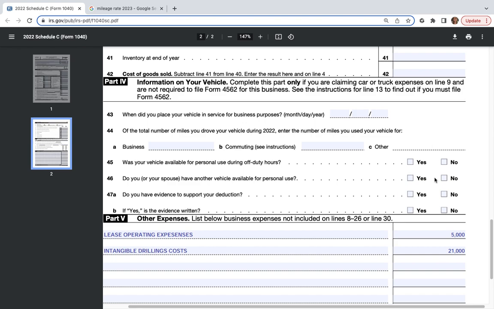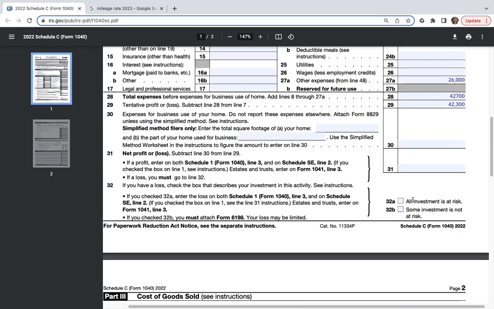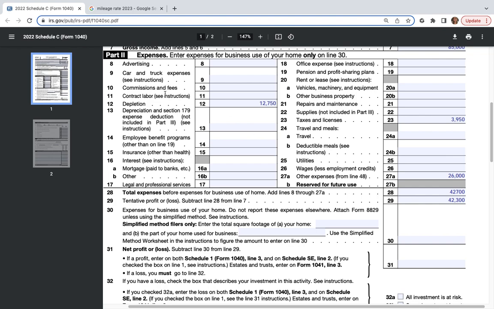And then it'll ask you if your vehicle was available during off-duty hours. Did you or your spouse have another vehicle? And then if you have evidence to support your deduction. So remember, you can get audited, so you should always have documentation regarding mileage if you are going to be using mileage. There's commissions and fees, contract labor, depletion, depreciation, employee benefits, insurance other than health, interest.